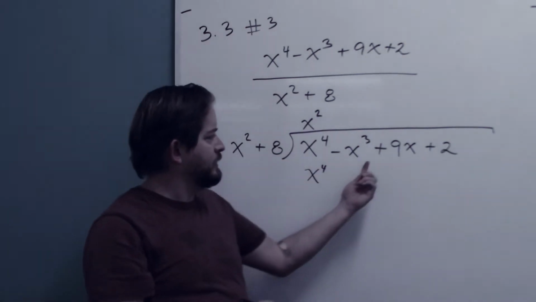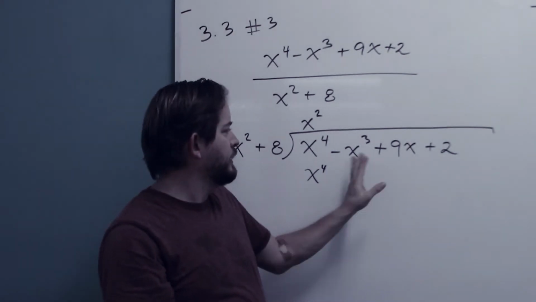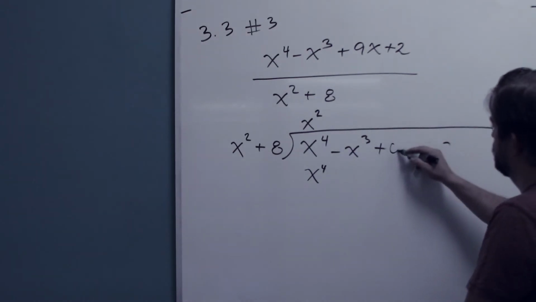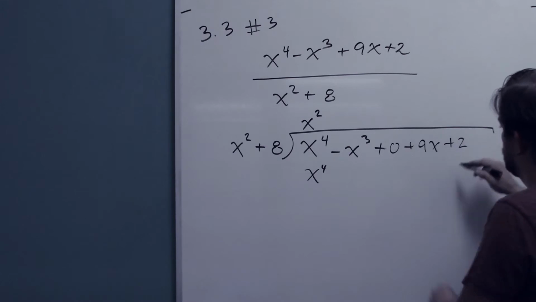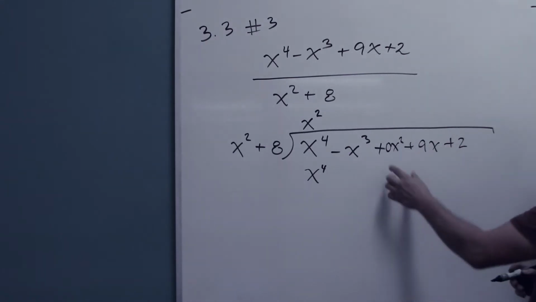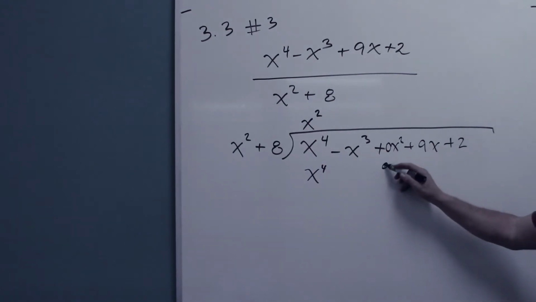And since I don't have an x squared in my polynomial, I'm going to scoot this stuff over. So I'm going to say that this would be like 0x squared, right? And so my 8x squared is going to go under my x squared.